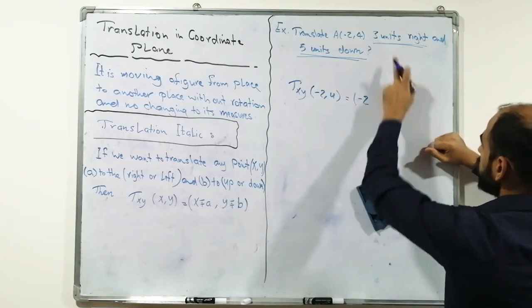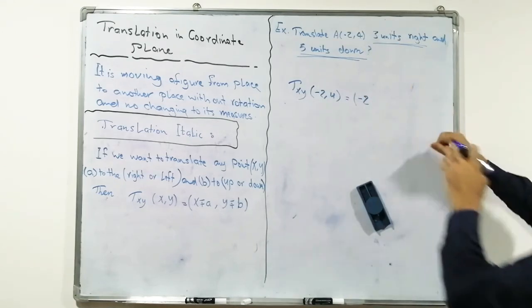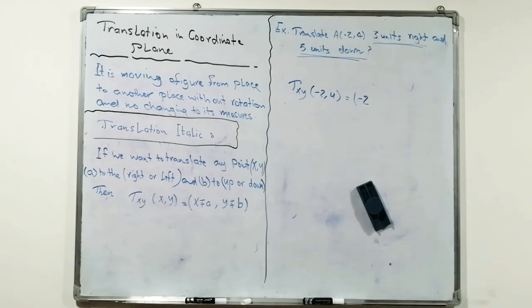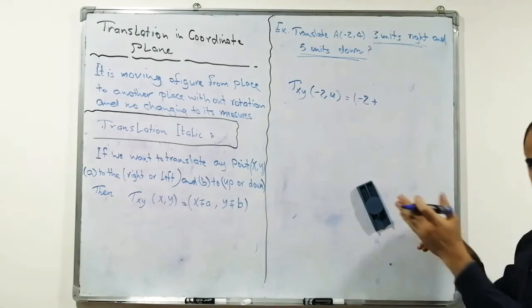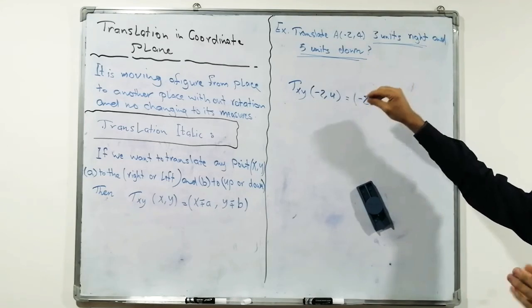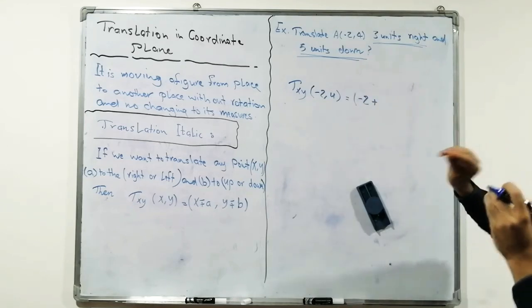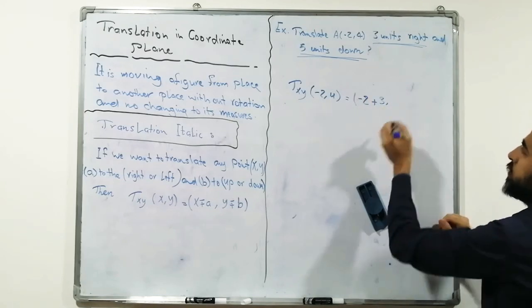Minus 2, a 3 unit to the right. Since we translate the point to the right, that's meaning to the positive side, that's meaning we're gonna add to x because it's to the right, to the positive side. بما انه راح نسحب النقطة لليمين يعني بالاتجاه الموجب، يعني الاكس راح نضيف له، ايش قد نضيف له؟ 3 وحدات. 3 units.